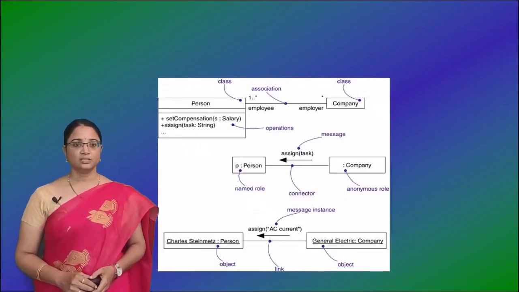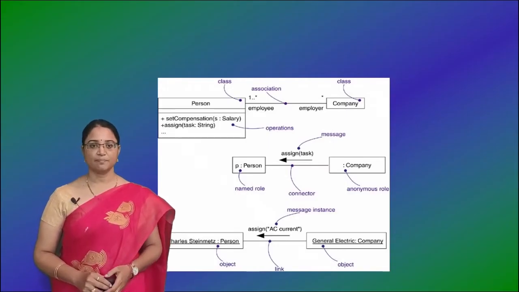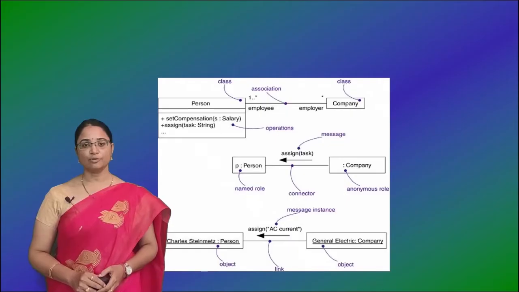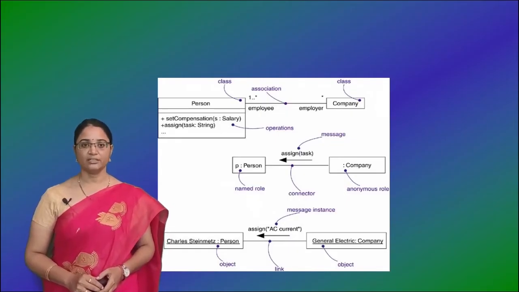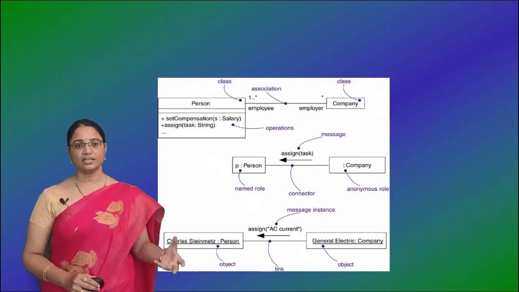Next, a link specifies a path along which one object can dispatch a message to another object. The multiplicity of roles and connectors is defined relative to their enclosing context. Based on this, you can specify the multiplicity and the connectors.